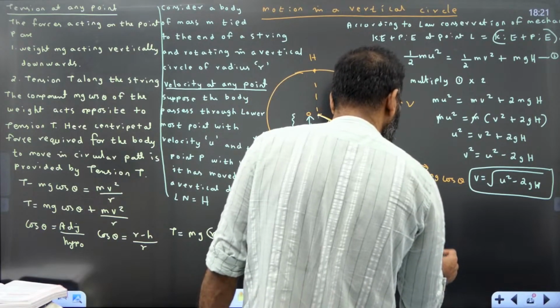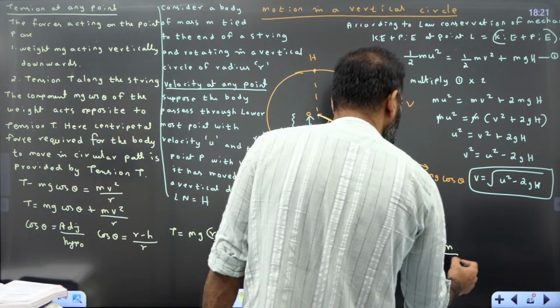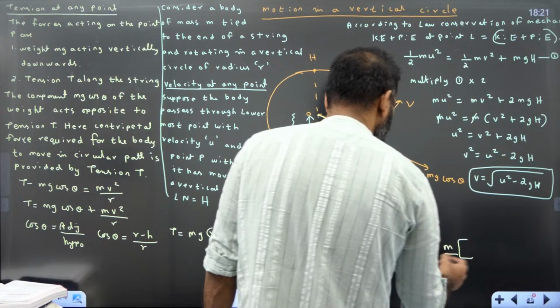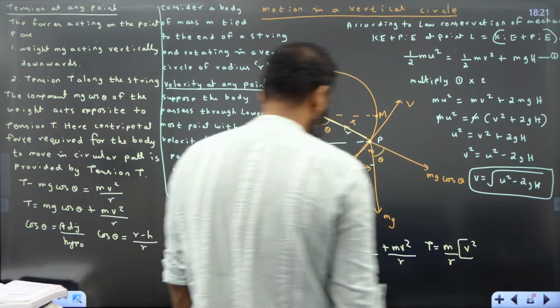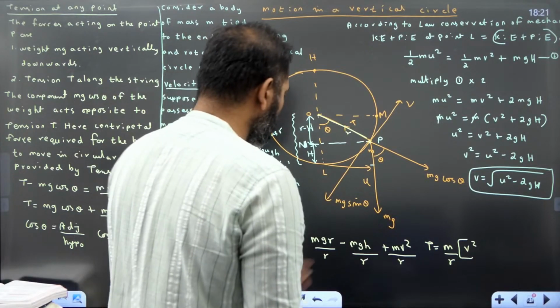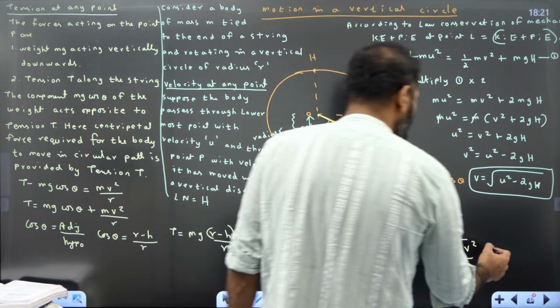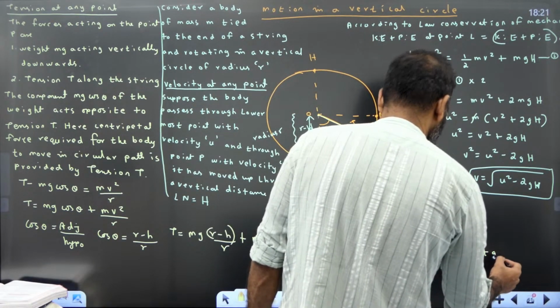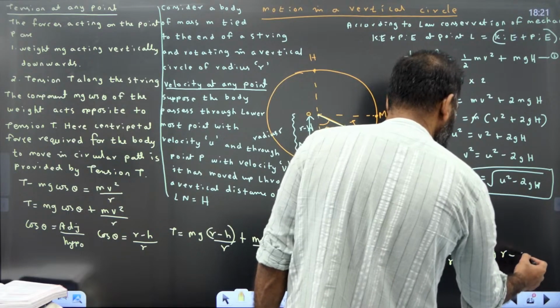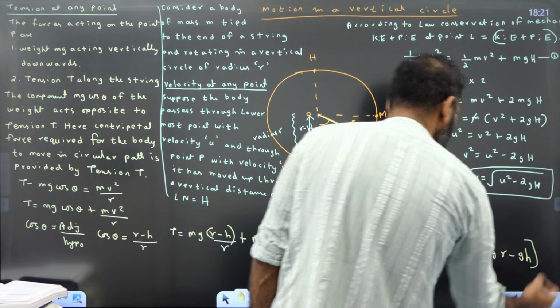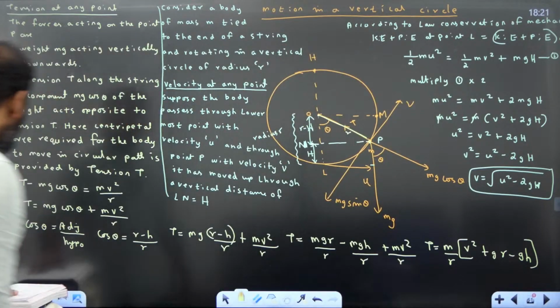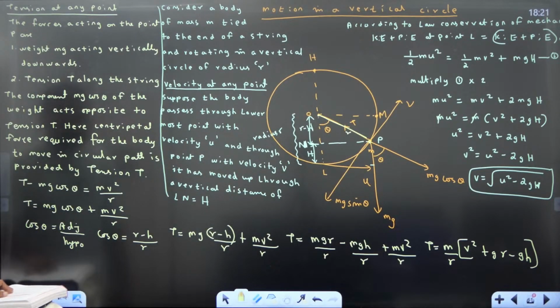So T is equal to m by r into, writing this term first, v square plus gr minus gh. What is the equation? V square plus gr minus gh.